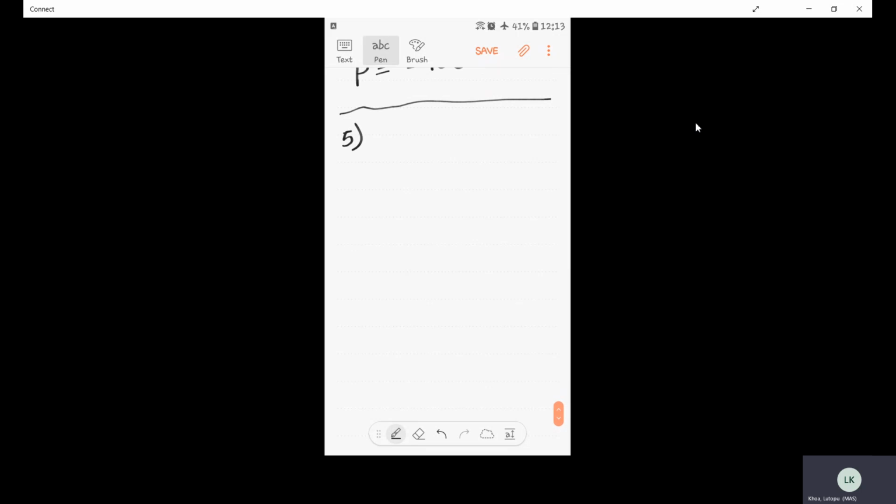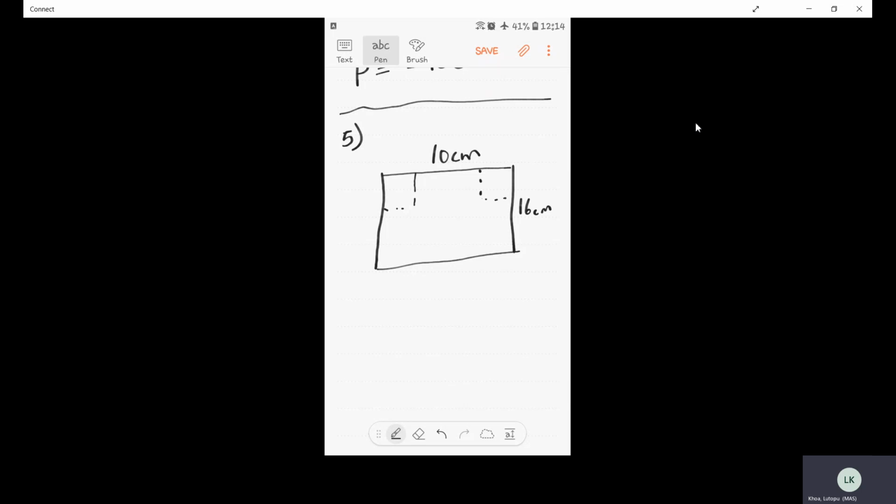With number 5, we are told that you have to make a rectangular box that is open at the top from a metal sheet. So you have a metal sheet like this. This metal sheet is 10 centimeters by 16 centimeters. Now what you will have to do in order to make this rectangular box is you need to cut out squares at the corners like that.